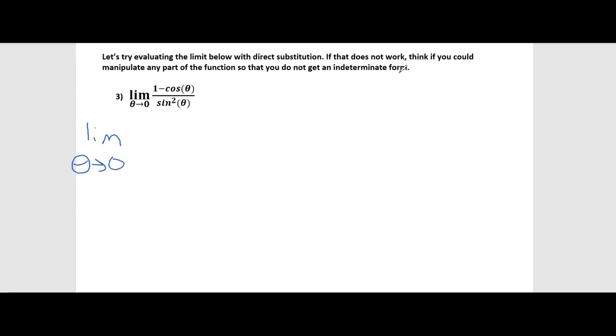So if I look at my numerator, that is going to equal 1 minus cosine of 0, which is not theta anymore, 0, which we know is equal to 1, so 1 minus 1 equals 0.